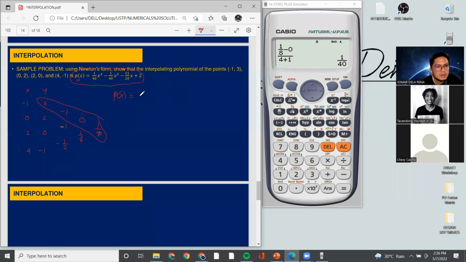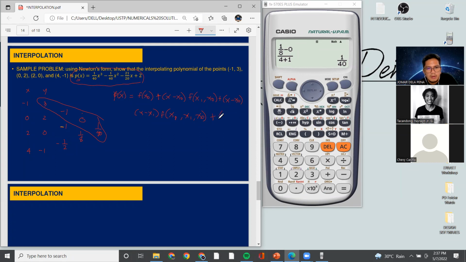So we have P of x, function of x sub 0, plus x minus x sub 0 times function of x sub 1 and x sub 0, plus x minus x sub 0 times x minus x sub 1, times function of x sub 2, x sub 1, and x sub 0. Ila na the term.